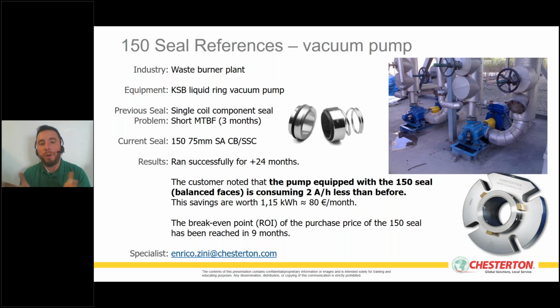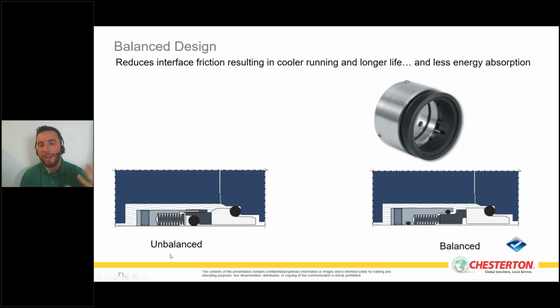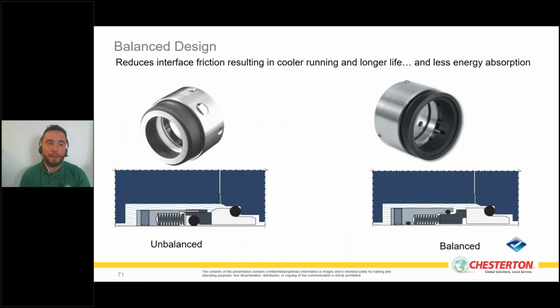And these 2 amperes less than before are worth around 80 euros per month, which after 9 months just paid back the investment of improving the seal from non-balanced to balanced. And after the 10 months, it's a net saving for the plant, just considering the energy, not considering also the advantages of the longer life.